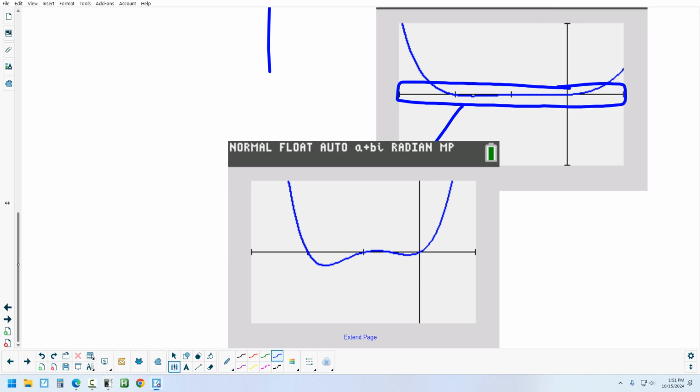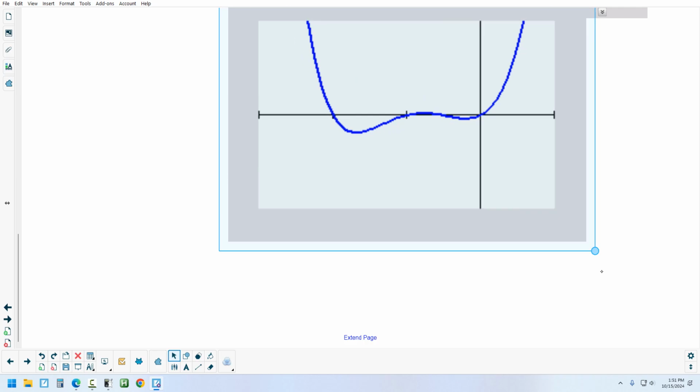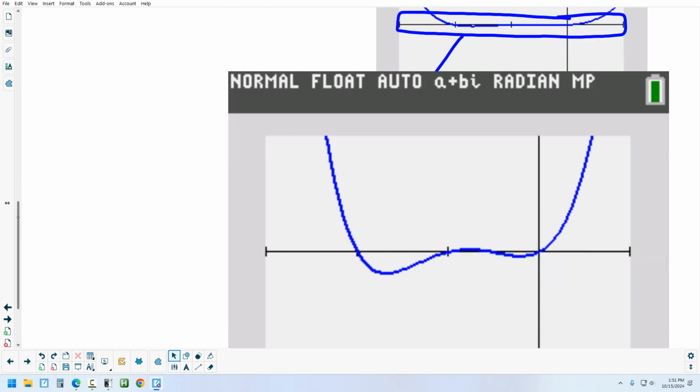Look at that carefully. How many times does it cross? 4. When you zoom in, at least to this point, it looks like it crosses 1, 2, 3, and 4.